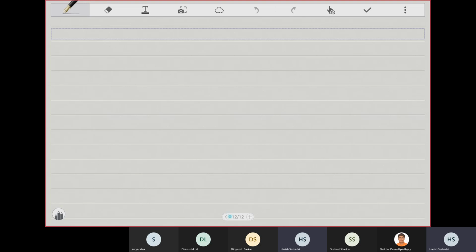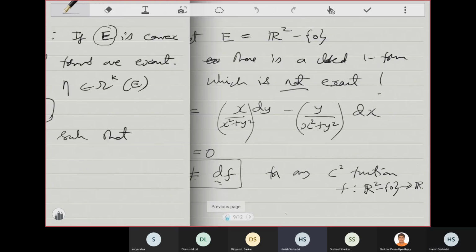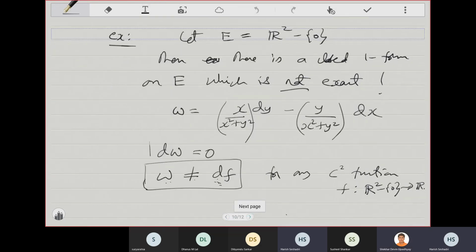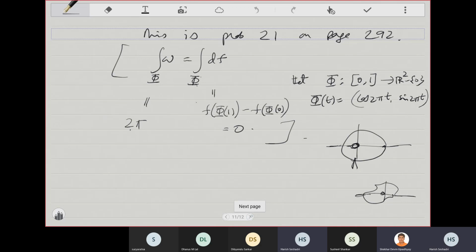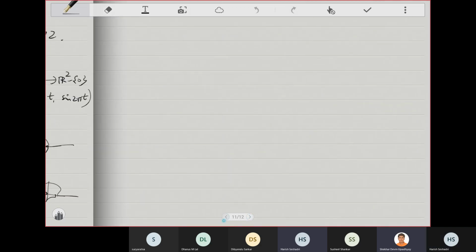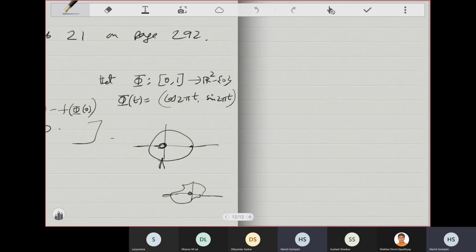So with this in hand, all the stuff about R2 minus 0, and the last comment that you made about any curve enclosing this point, this makes it look like it's not the convexity that's as important as the connectedness of E. Yeah, that is the point. In fact, that is true. What I was about to say next is precisely that point.